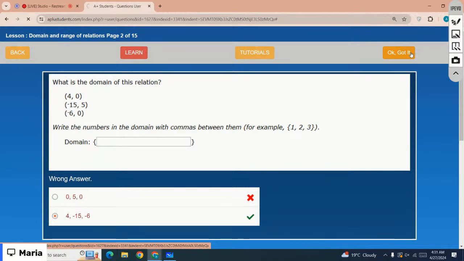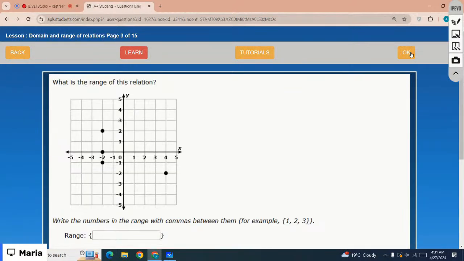Okay, the next one is, what is the range of the relation?